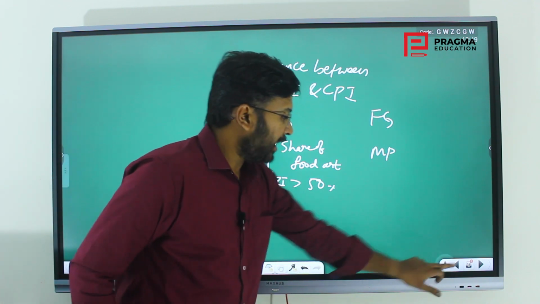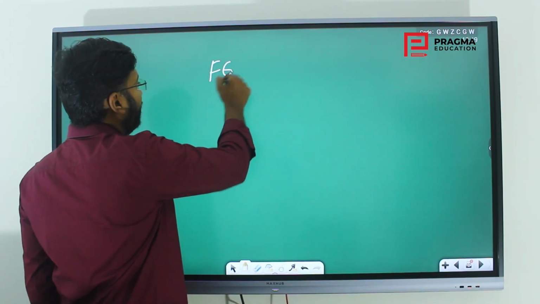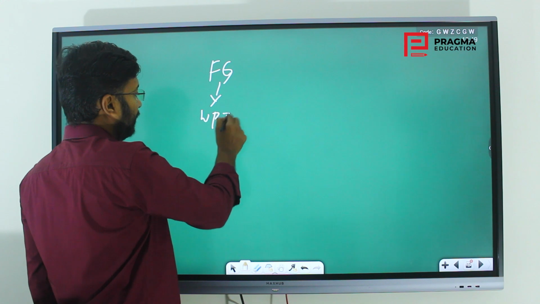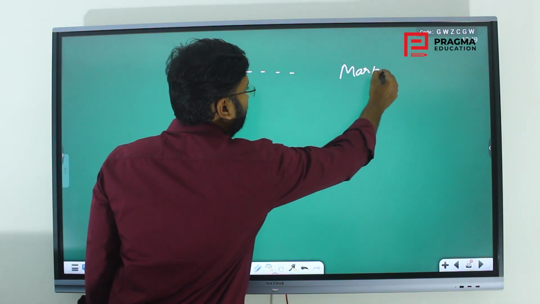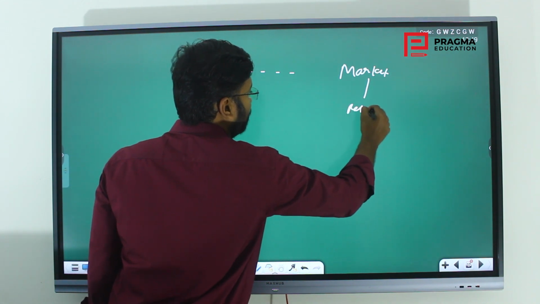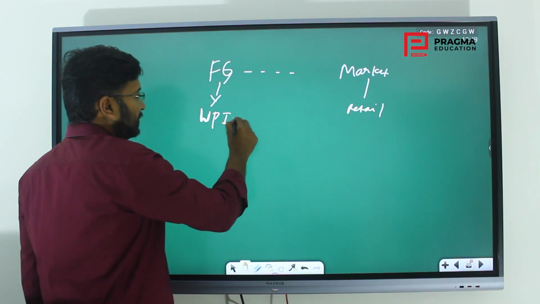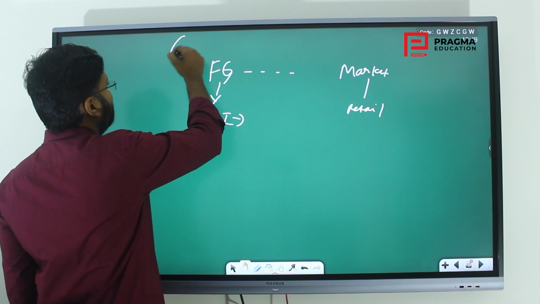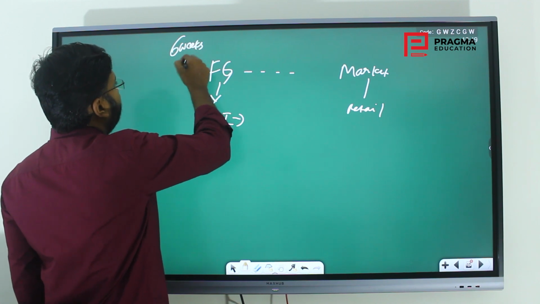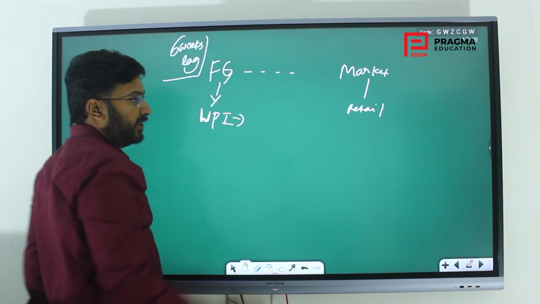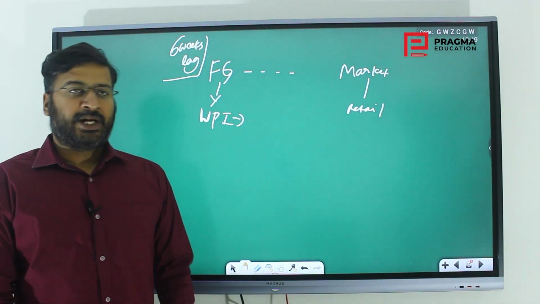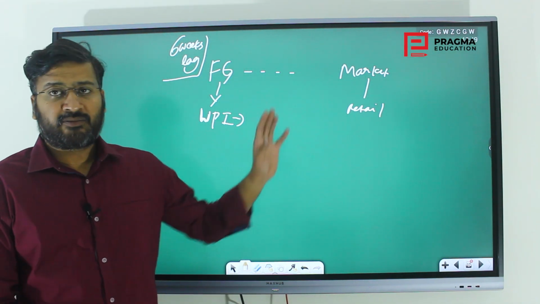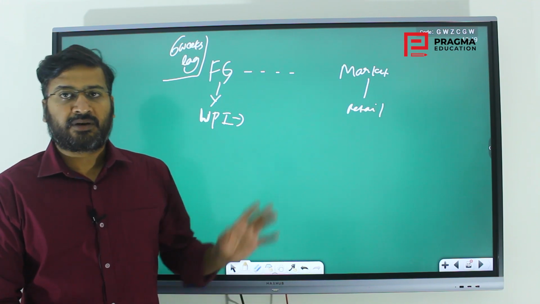So what essentially happens is when the WPI is taken at the factory gate, the articles move and reach the market, then the retail prices are captured, and generally both are released with a 6 weeks lag. It means we generally get the inflation rates of around 1.5 months ago. That is what you could capture, but for the deflator we may have to wait till half a year or 1 year.